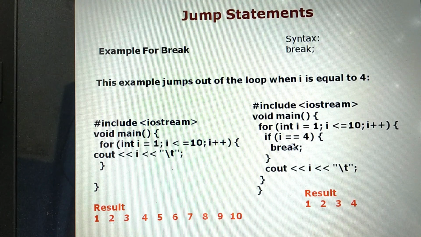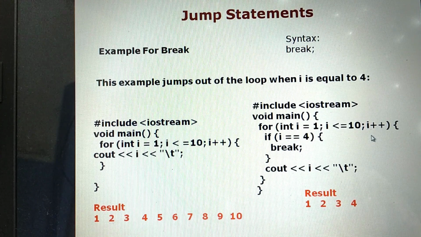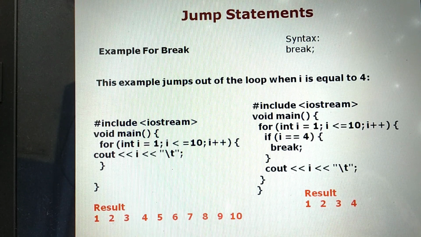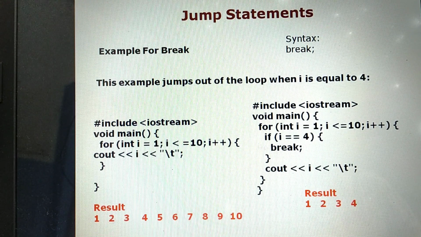See this program. When the value of the looping variable i becomes 4, that is, i equal to 4, the loop should terminate. Here we can use the break statement. How can we implement it? First, give the condition.